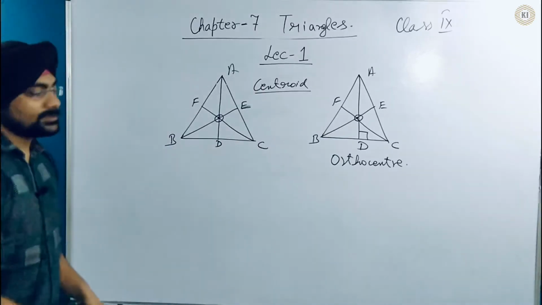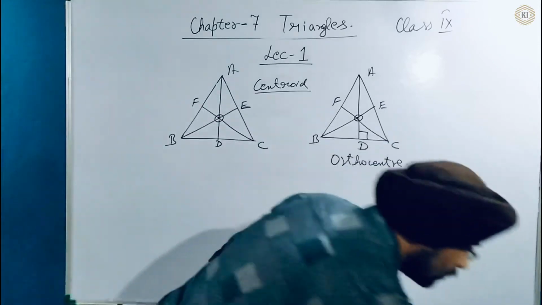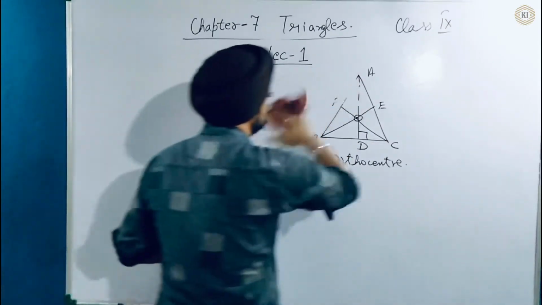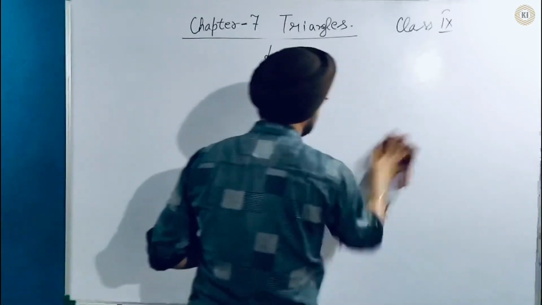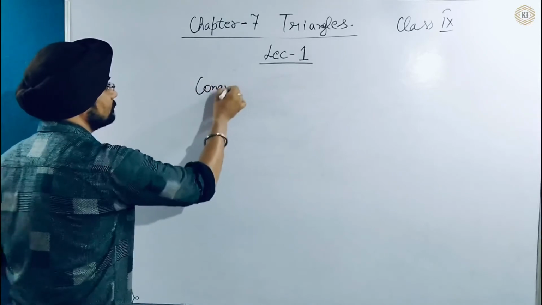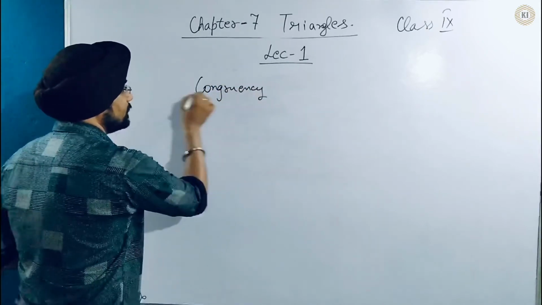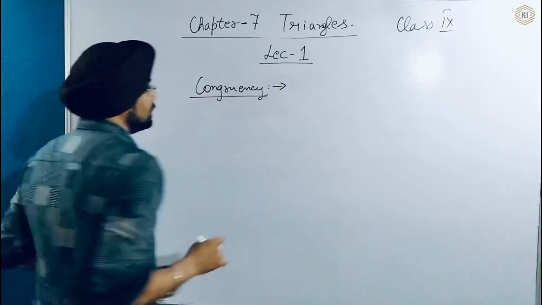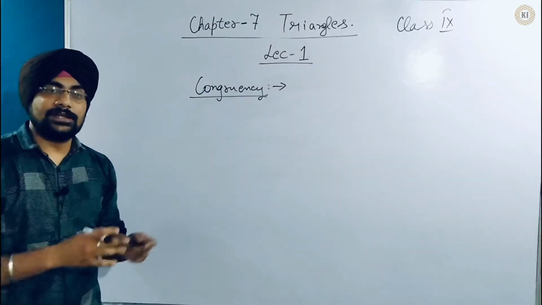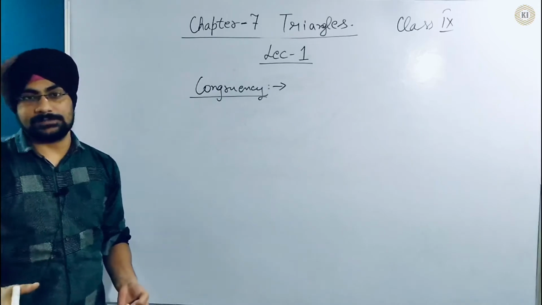Now we have to study here basically about congruency. Now see, what do you mean by the term congruency or congruent figures? Congruency means two shapes are said to be congruent to each other when they have the same shape and same size.